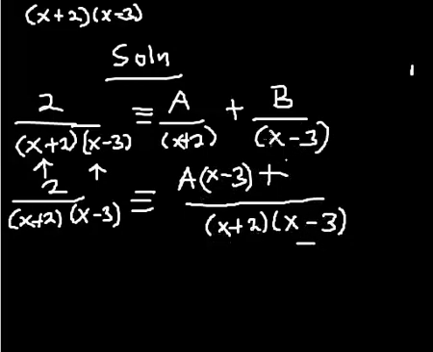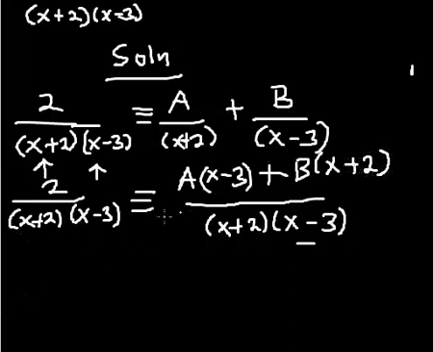I'm left with x plus 2, so I use x plus 2 to multiply B. So I have B multiplied by x plus 2.